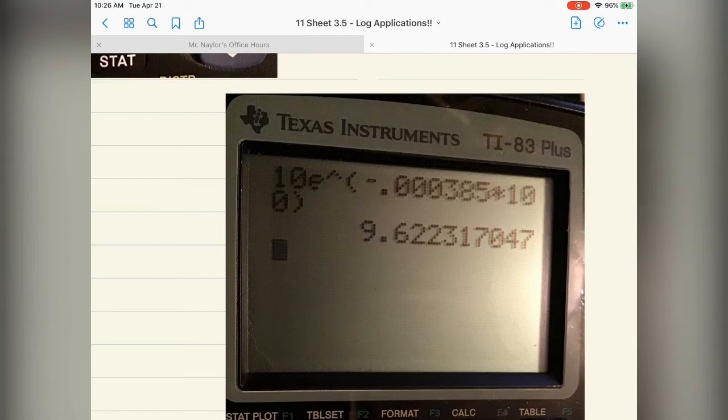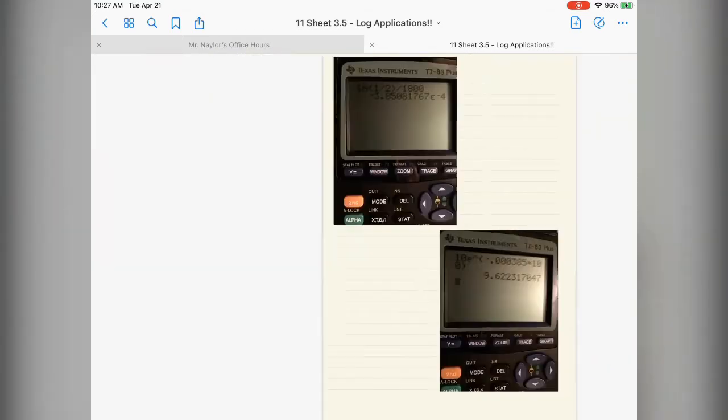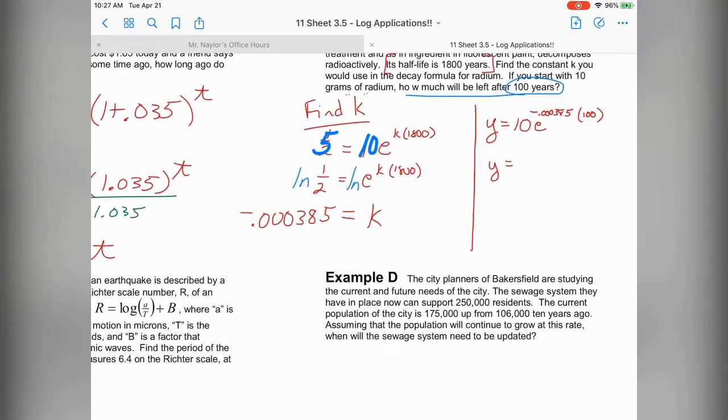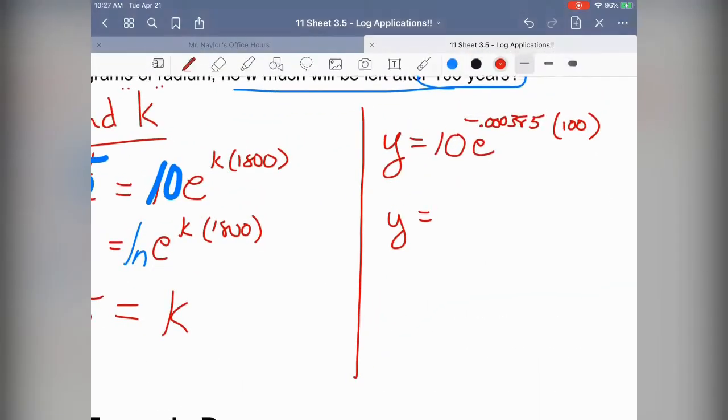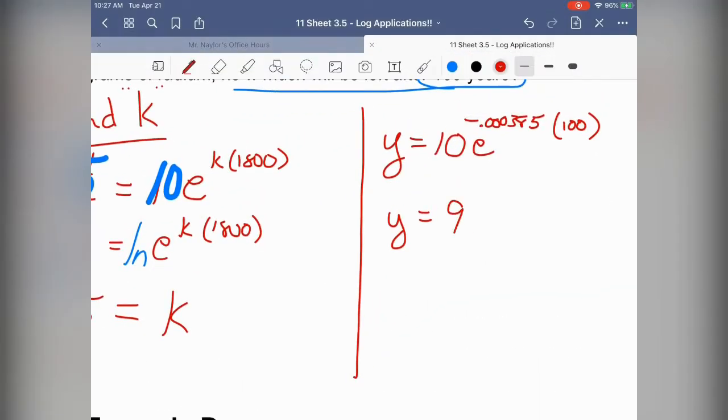I just need to use the E button and carefully raise it to that power to get our 962 answer. Now, 962 shouldn't come as a big surprise to you because it's only 100 years, and in 100 years you're not going to decay that much of the radioactive material, especially because it takes 1,800 years for half of the material to disappear.